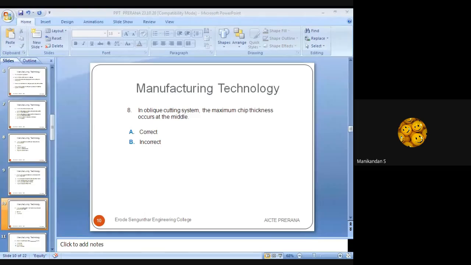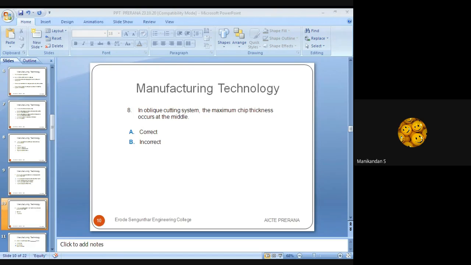Actually, in oblique cutting operation, the chip thickness is equal on all sides, not exactly maximum at the middle. So the statement is incorrect.